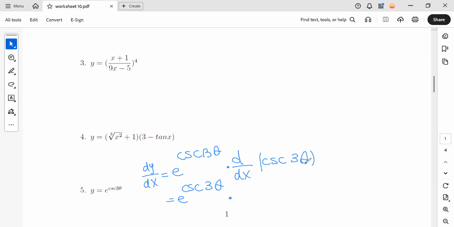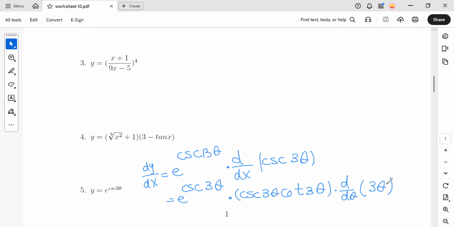and the derivative of cosecant 3 theta would be negative cosecant 3 theta, cotangent 3 theta, and the derivative of 3 theta, because it is not theta, it is 3 theta.